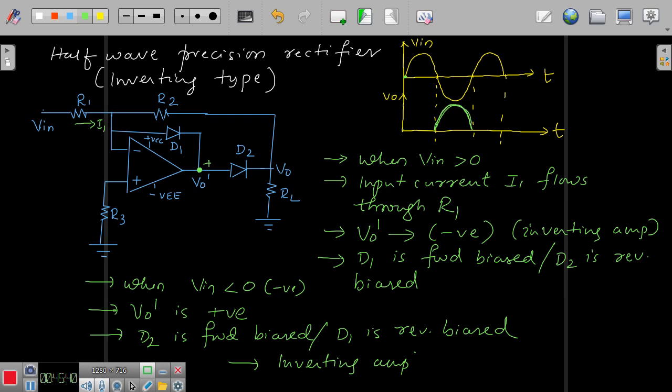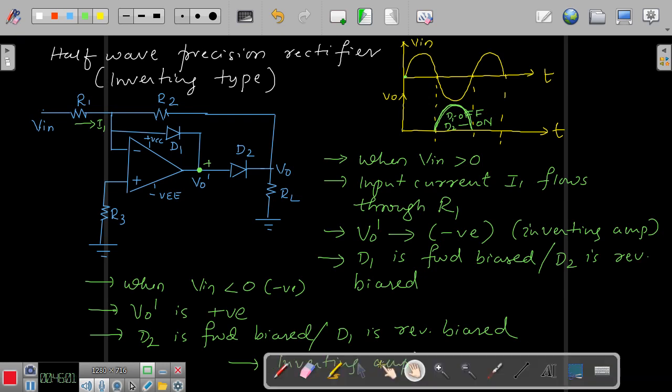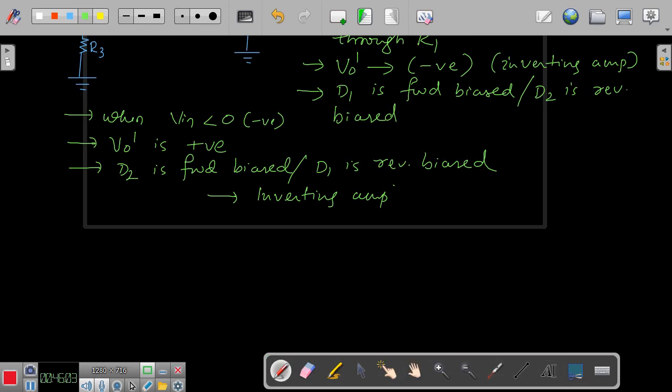This is the condition which represents D1 off and D2 on. This is very simple for you to understand.